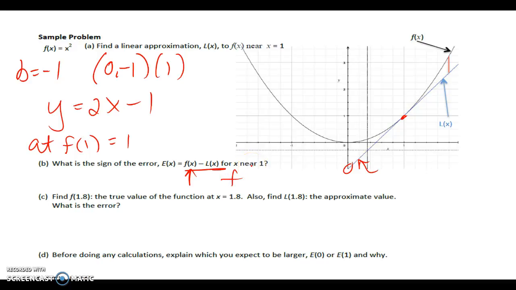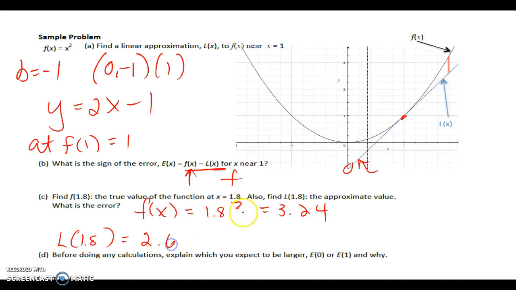Now find f of 1.8. All right, f of 1.8 for the real function is 1.8 squared, which is 3.24. Then I said, well, let's find the linear approximation at 1.8. I plugged in 1.8 and I got 2.6, right? So the error, f of x minus L of x, should be 0.64.